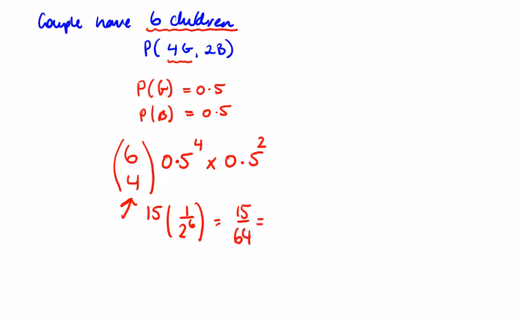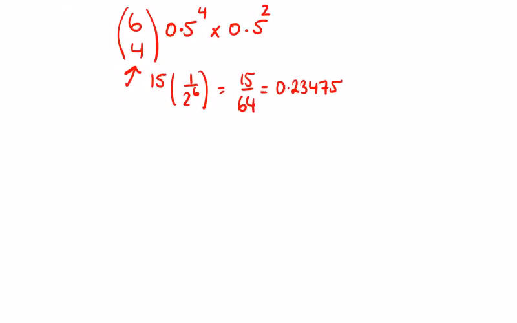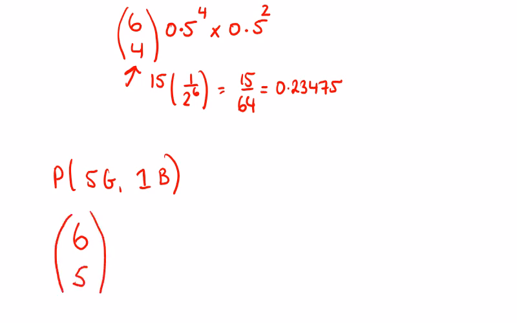And we decimalize that, 0.23475. Okay, let's have a look at the probability that they have 5 girls and 1 boy. So they have 6 to choose from. They have to choose 5 girls. So we could do it as 1 over 2 to the power of success by 1 over 2 to the power of failure.